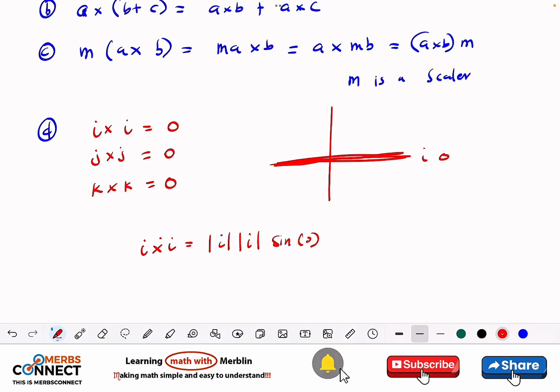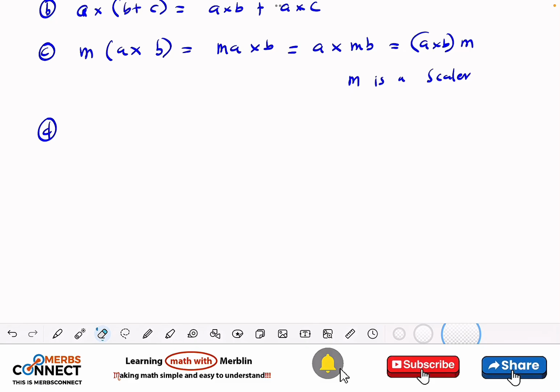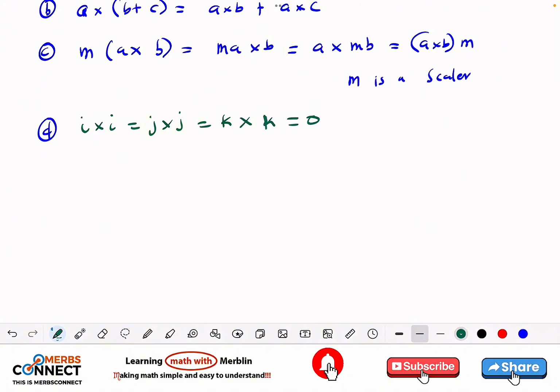But we know that sine 0 is equal to 0, so everything here goes to 0. So that is basically what we are doing here. Anytime we are dealing with cross, when you cross a vector with itself, you get 0. So that's one thing that we need to learn here. Let me combine them together: I cross I is the same as J cross J is the same as K cross K, and this should give us 0. Simple.